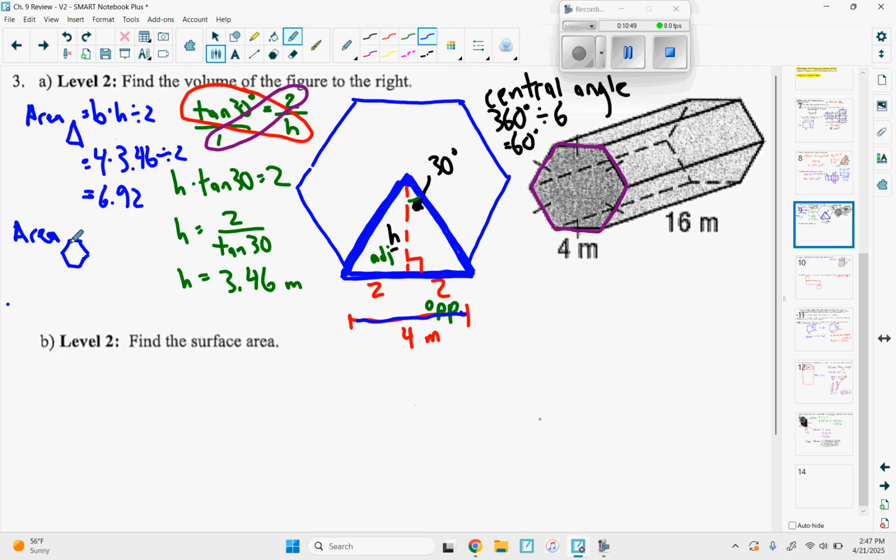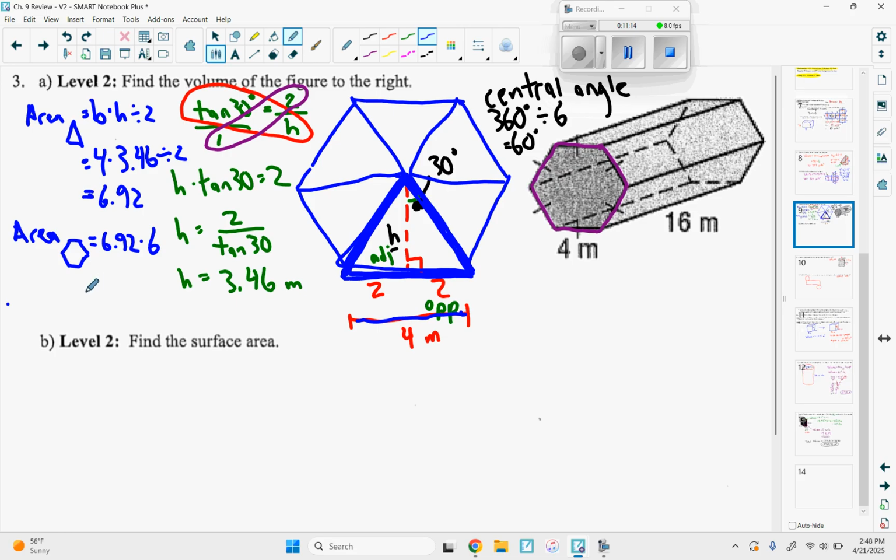Now I want to find the area of my hexagon. And all I have to do to find the area of the hexagon is take 6.92, the area of this triangle in bold here, and times it by 6, the number of sides of my hexagon, which is also the amount of triangles that make up that hexagon.